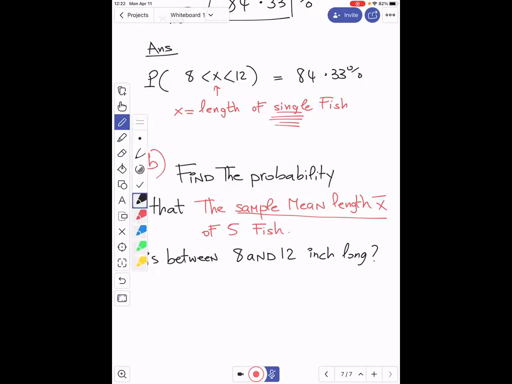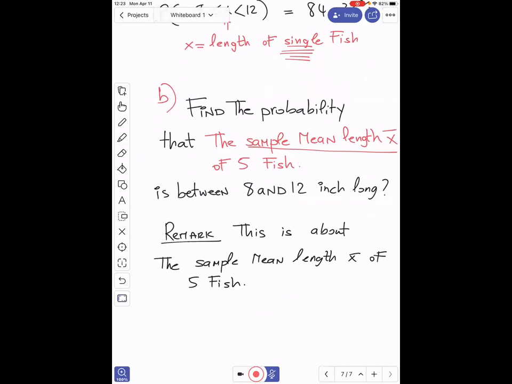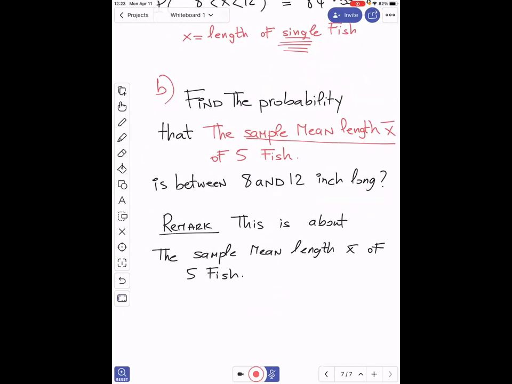As a remark, this question is about the sample mean length X bar of 5 fish. It's not the length of a single fish.